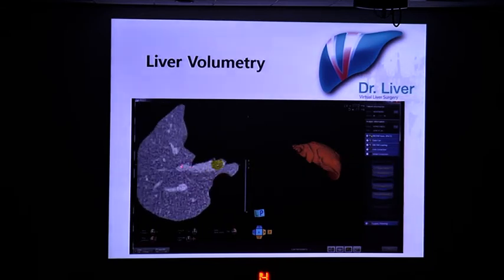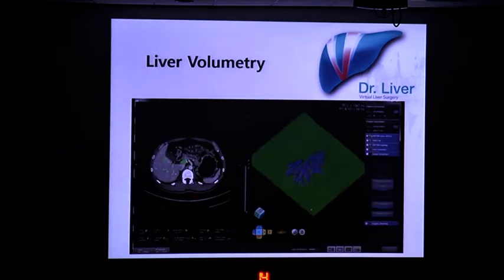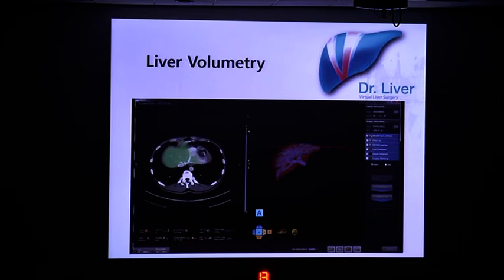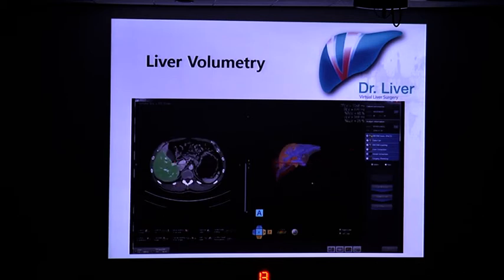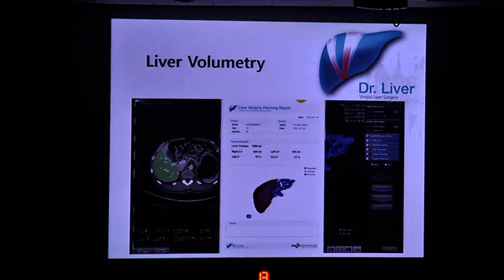And then you can make a vascular structure like this. By putting points, and then with a big ball, you can make a resection margin with a curved line. Like this. This is a famous patient, a liver transplant donor. Anyway, very shortly you can get the liver volume. It takes about 5 to 10 minutes.